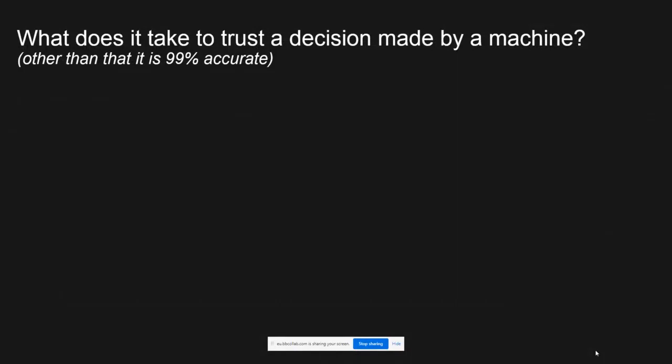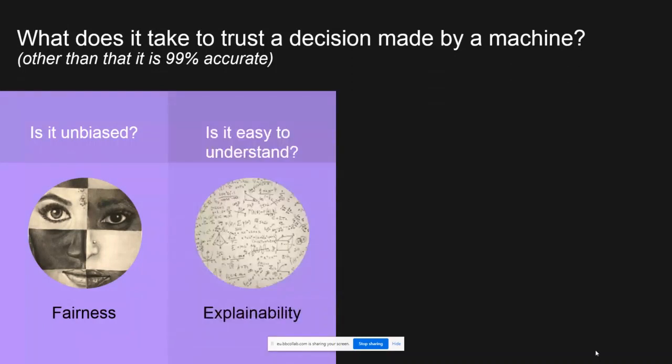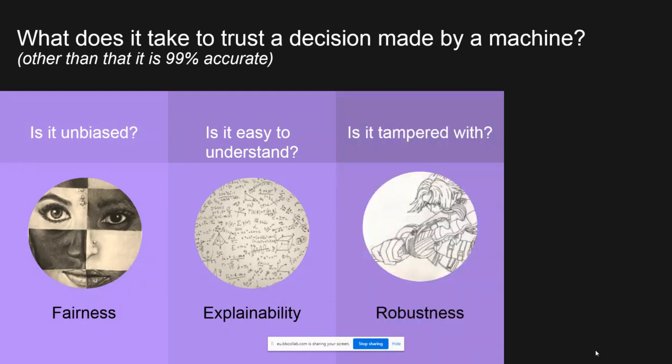In particular, we at IBM Research have thought a lot about what it takes to trust a decision made by a machine. And we broke it down into different categories. Obviously, we want it to be accurate. But we also want to think about whether it's fair. Is it an unbiased decision that's being proposed by the AI? Is it easy to understand? For that, we look to things like explainability of these AI tools. But we also think about robustness.